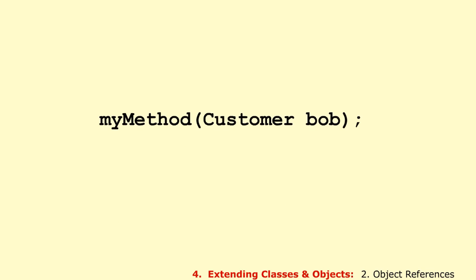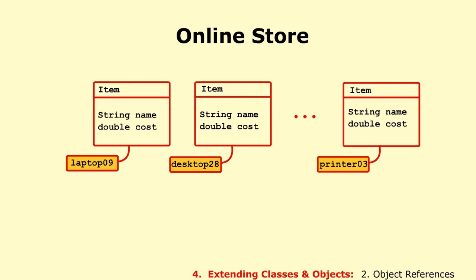Object references also come into play when passing objects to methods. In actuality, we are not passing objects but references to objects. Let's say we have an online store that carries a large selection of computer-related items. Each item is kept in an object of type item. Each item has a cost associated with it. But prices often change.